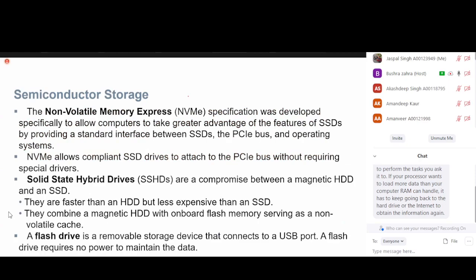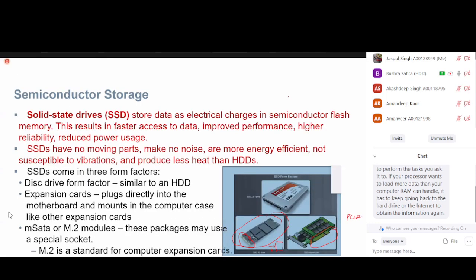So as I'm talking about this semiconductor storage, SSD comes in three different kinds. One is the HDD form factor. The second is the expansion card form factor, and the third one is M.2. My system has an M.2 module.